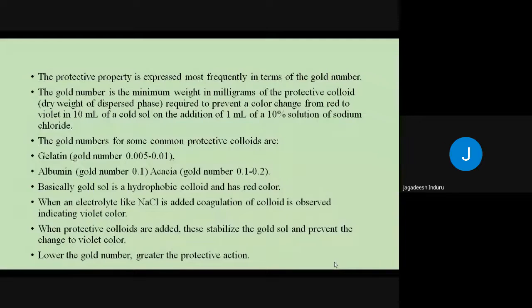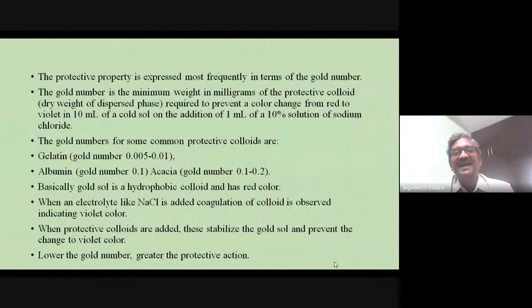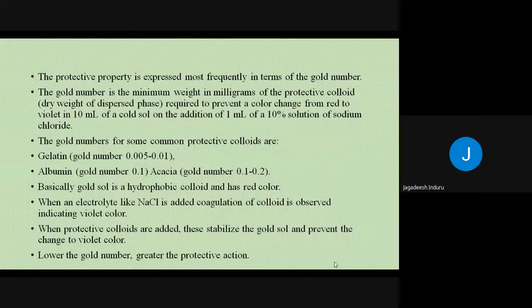So the lyophobic colloid in this particular case is the gold solution. It means a gold colloidal solution. After addition of 1 ml of 10% solution of a monovalent cation and anion, in spite of that addition of electrolyte, it will not have any instability by adding 0.005 to 0.01 mg of the dry weight of your dispersed phase.